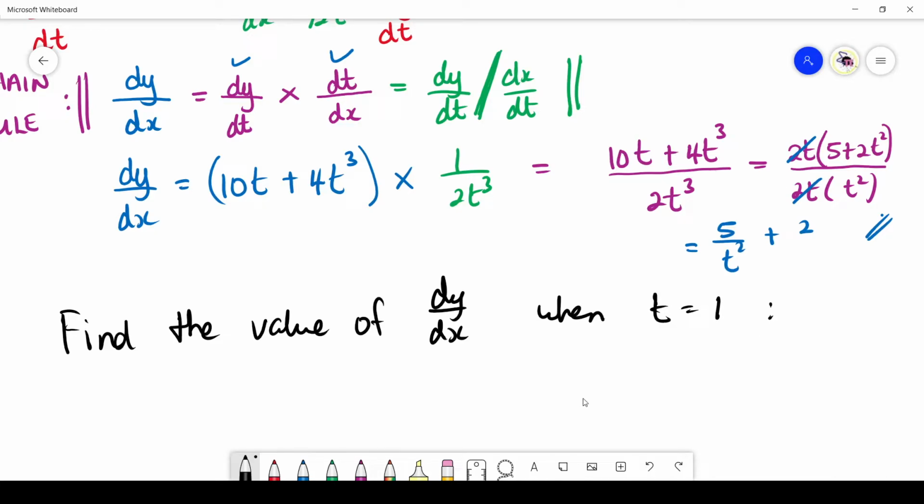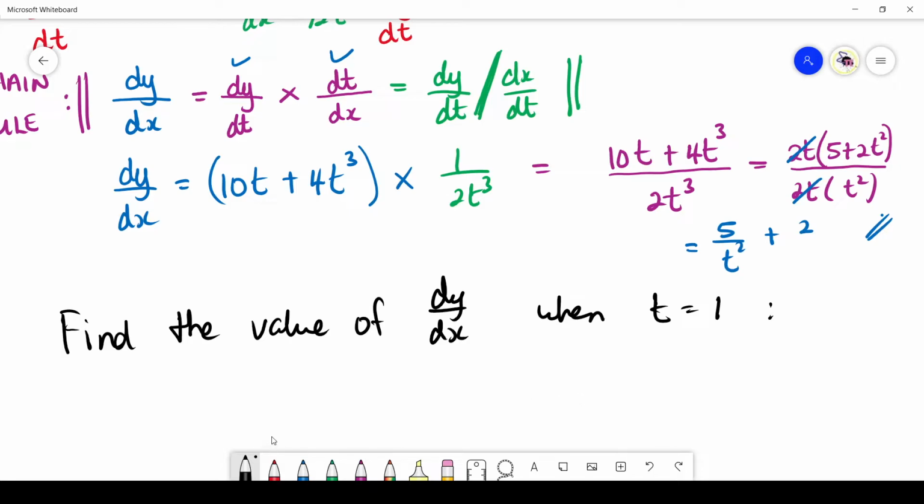Now, in a case like this, you might think this sounds difficult, but you must remember all of these equations are for a curve. So all they're asking is, at the point and time when the parameter t is equal to 1, what's the gradient?